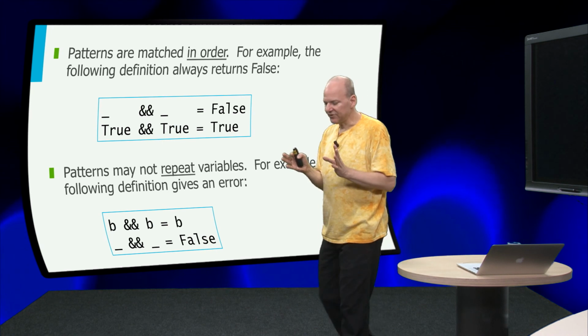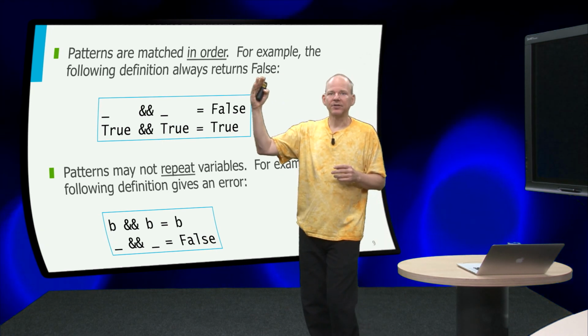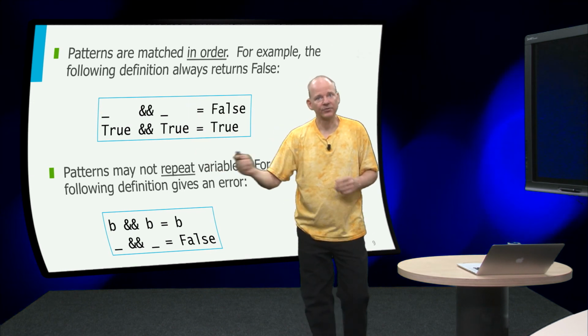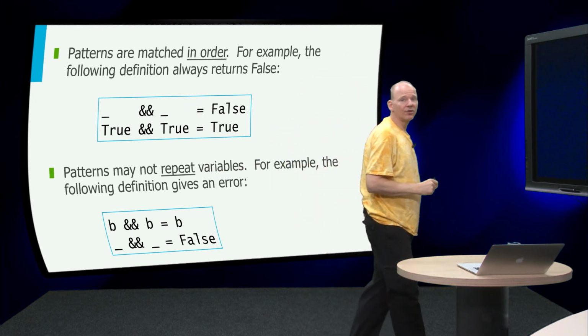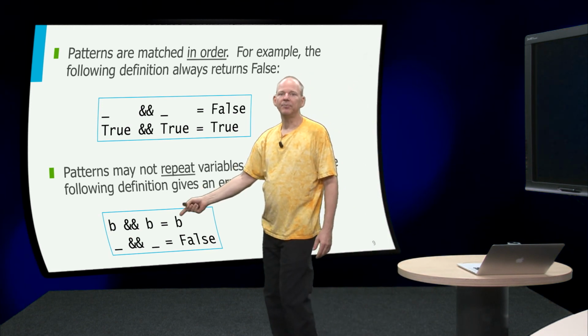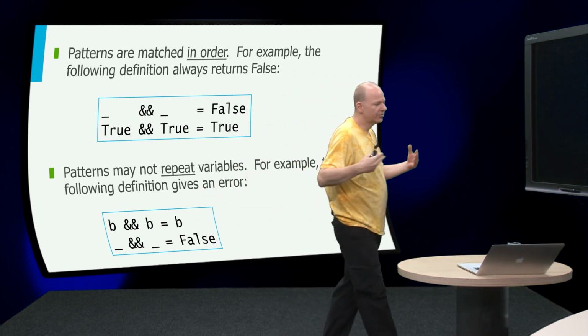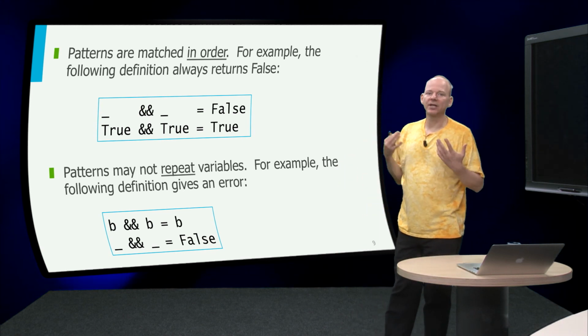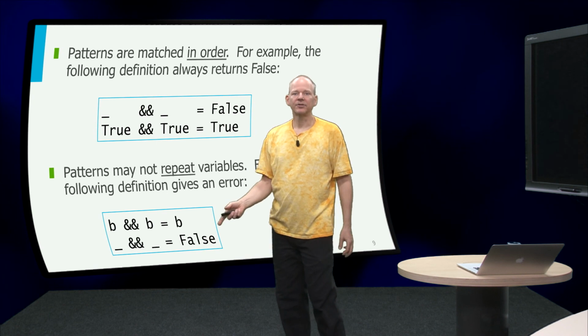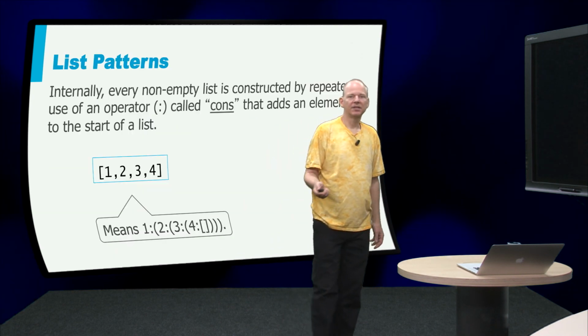So the easiest thing to think about is that patterns are always matched left to right, top to bottom. You cannot repeat variables. For example, you cannot say B and B equals B and assume that this is implicitly doing equality over B. Okay, so all the variables inside a pattern must be unique.